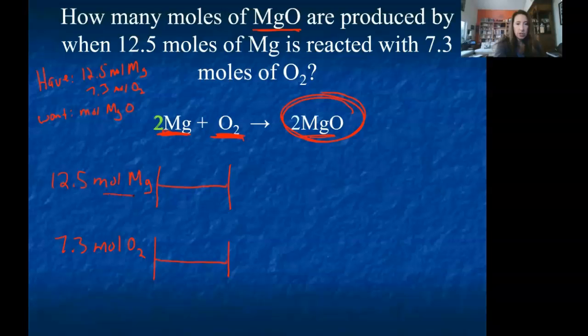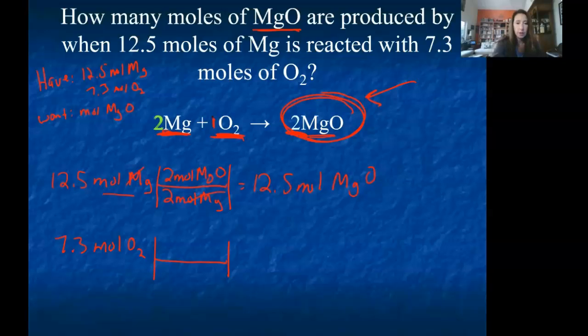So moles of Mg has to go on the bottom, and I'm going to have this 2 moles of Mg. And I'm going to convert this to our product, which is MgO. When we do that, we get 12.5 moles of MgO. Do the same thing again.